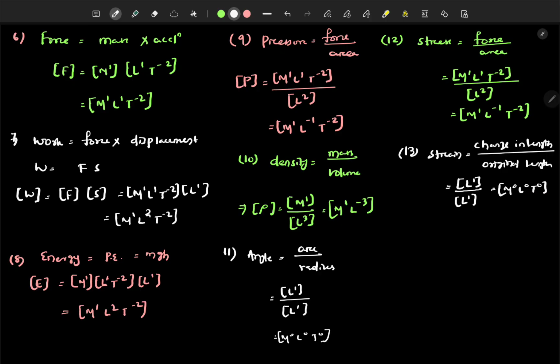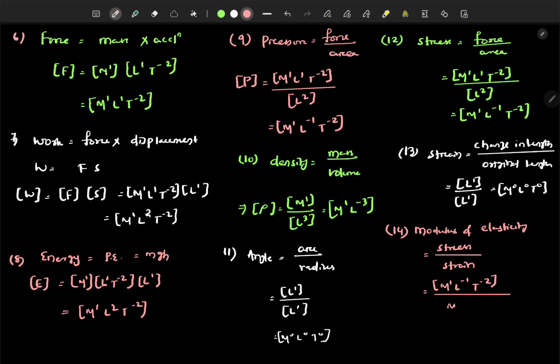Yes. Then come to our quantity number 14, modulus of elasticity. And remember its formula is what? Stress by strain. Stress divided by strain. So what will be the dimension? Stress dimension is M1 L minus 1 T minus 2, just we have written.